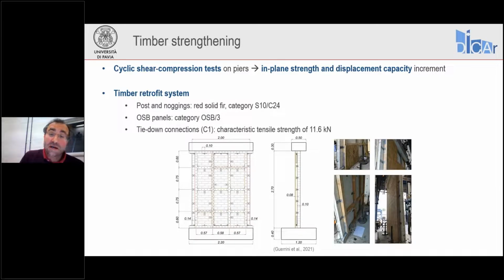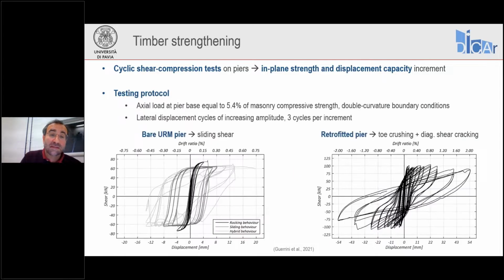The posts and nogging of the strengthening system were made of red solid fir, while OSB panels of category OSB 3 were applied to the frame and nailed to it. The tie-down connections had a characteristic tensile strength of 11.6 kilonewtons. Again, these are very important in order to obtain a contribution to the flexural strength.